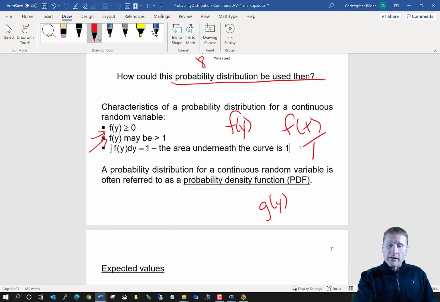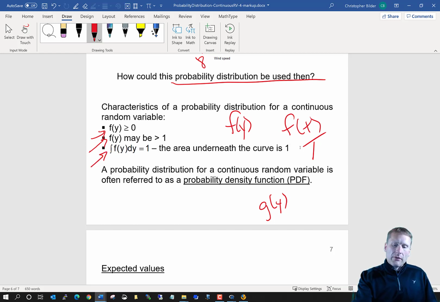F of y itself can actually be greater than 1. Now you might be thinking, wait a second, probabilities can't be greater than 1. No, they can't. But remember, probabilities are area underneath that curve. So you could have a particular probability distribution such that f of y goes above 1, but still that area underneath the curve is equal to 1. And we'll see examples of that throughout the semester.